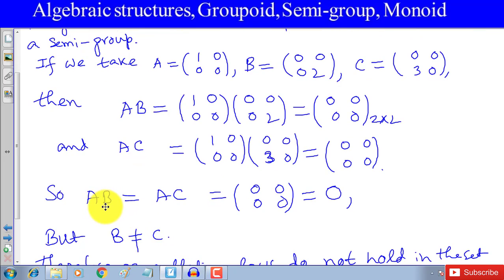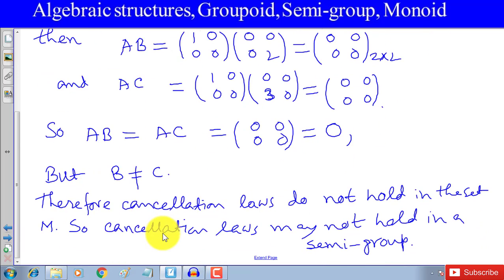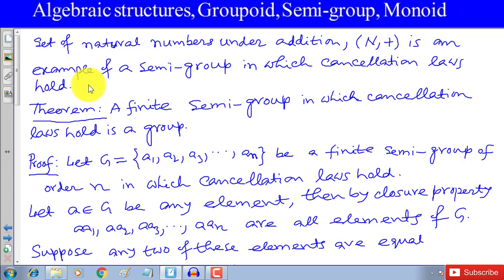Therefore, AB equals AC, but B is not equal to C. Therefore, cancellation laws do not hold in the set M. So, cancellation laws may not hold in a semigroup. The set of natural numbers under addition (N, +) is an example of a semigroup in which cancellation laws hold.